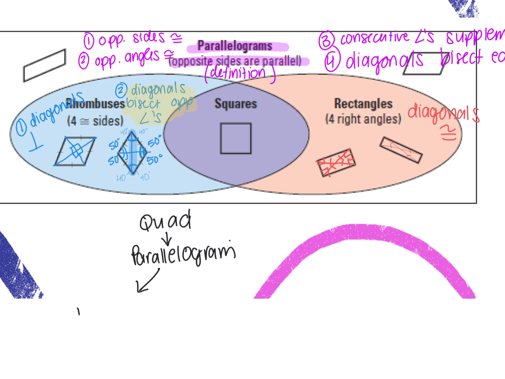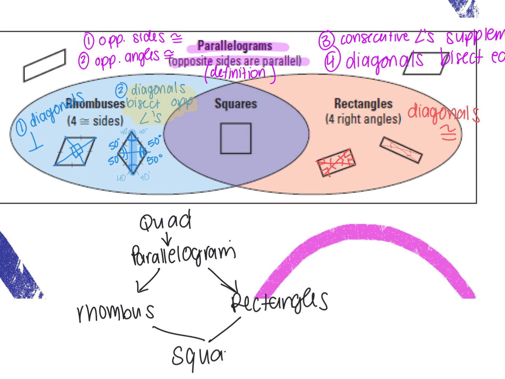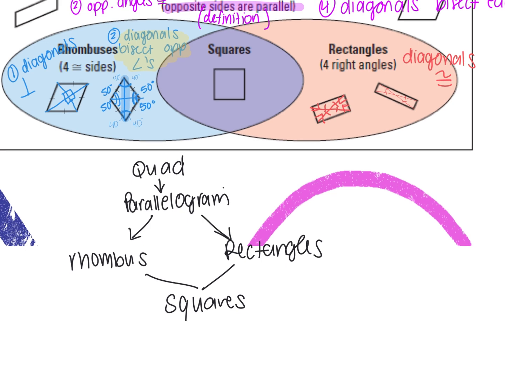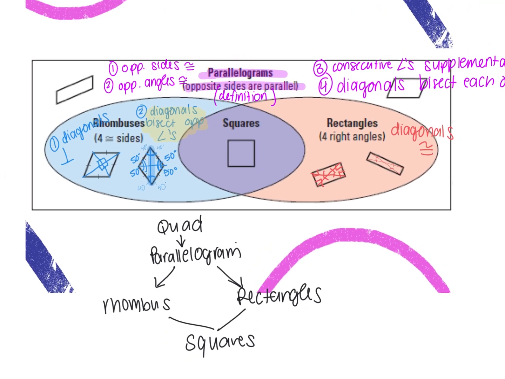Then I have rhombus. Then I have rectangles. And then both of these make squares. So all of these fall in the category of a quadrilateral. Just kind of showing you what goes with what. Questions on this slide?